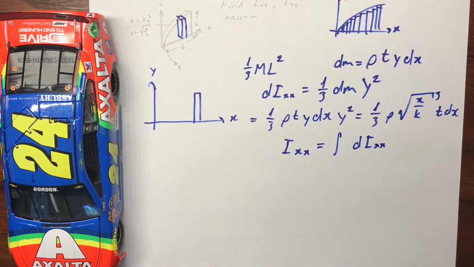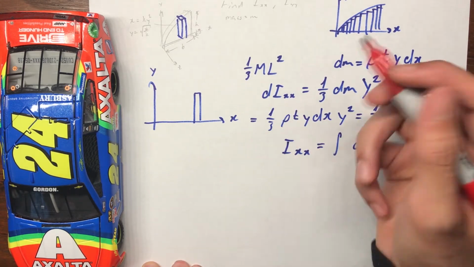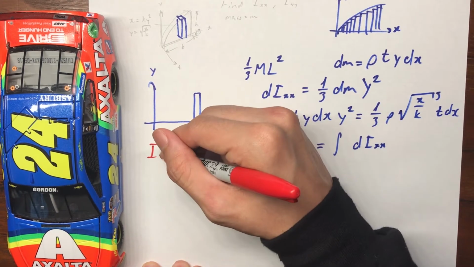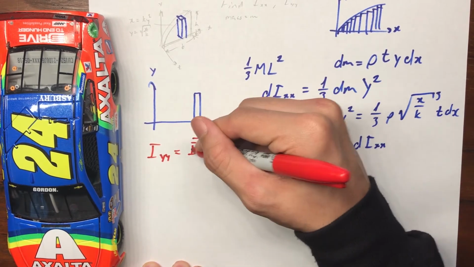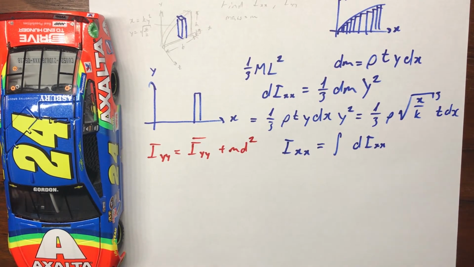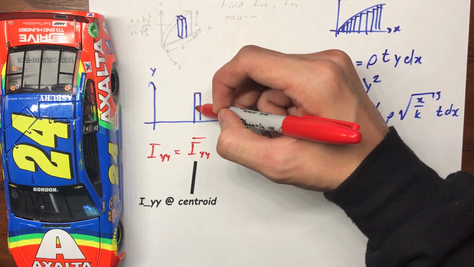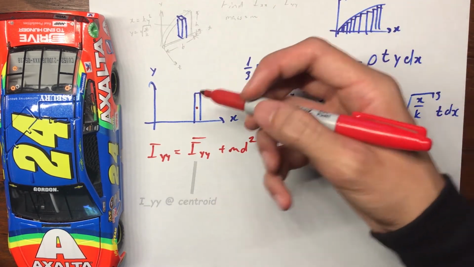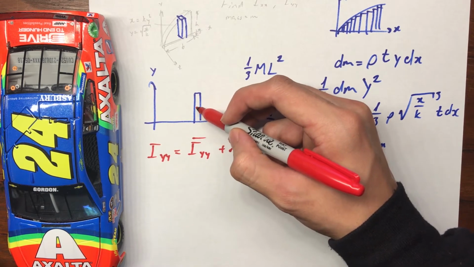So we'll do a similar thing for the mass moment of inertia about the y-axis. This one's a little different. We'll be thinking parallel axis theorem, right? Parallel axis theorem, this would be the value evaluated at the centroid, and it's just a rod, so we know the centroid's right there in the center.